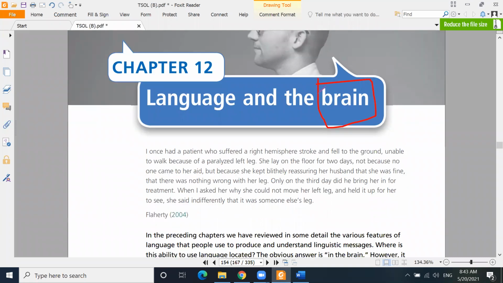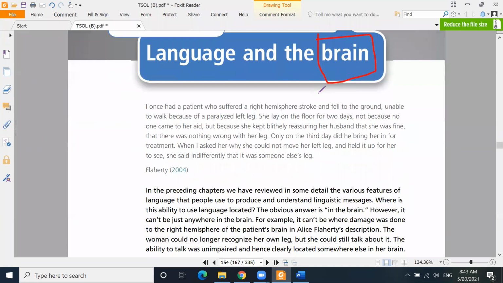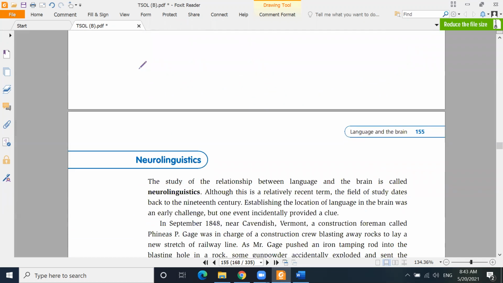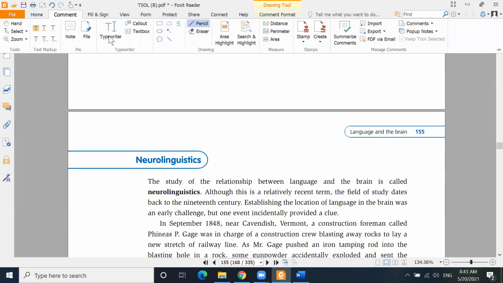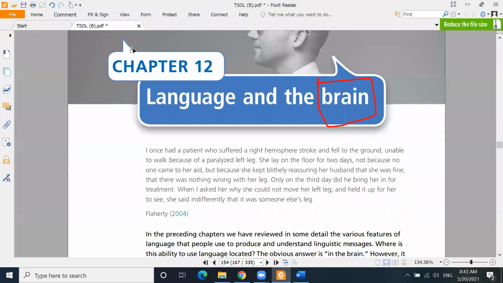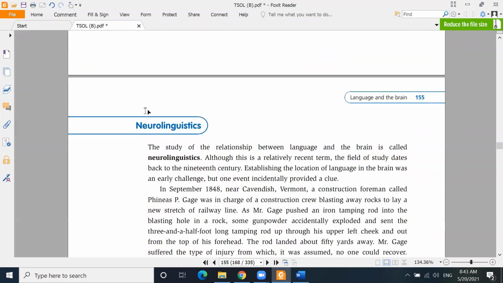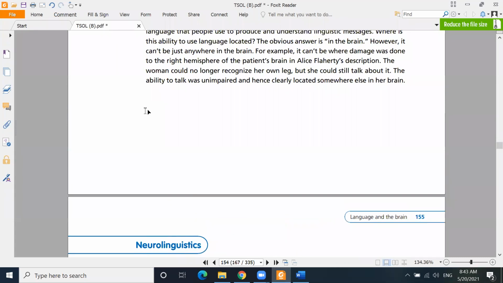Now, language and the brain. Do you know what is meant by neurology? Neurophysician, neurosurgeon? Yes, sir, related to brain. Exactly. The study of the structure and function of brain.